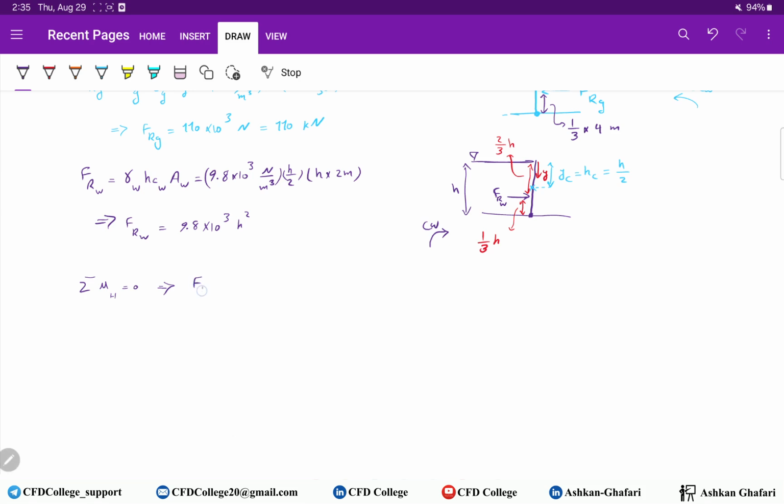So FRW times 1 over 3 H should be equal to FRG times 1/3 of 4 meters. And from this equation, because we know this one and this one, we can find H. H is 3.55 meters.